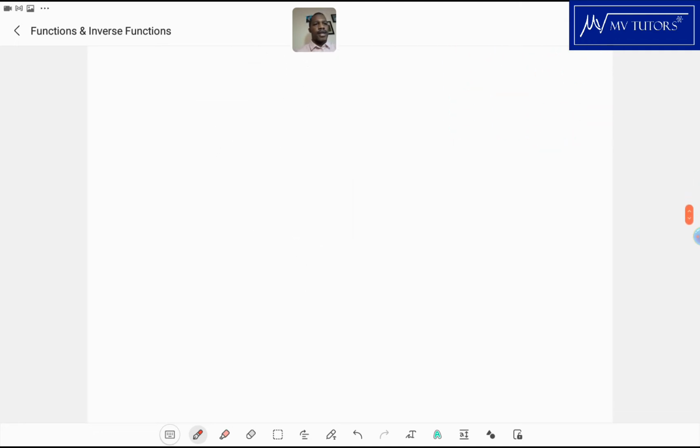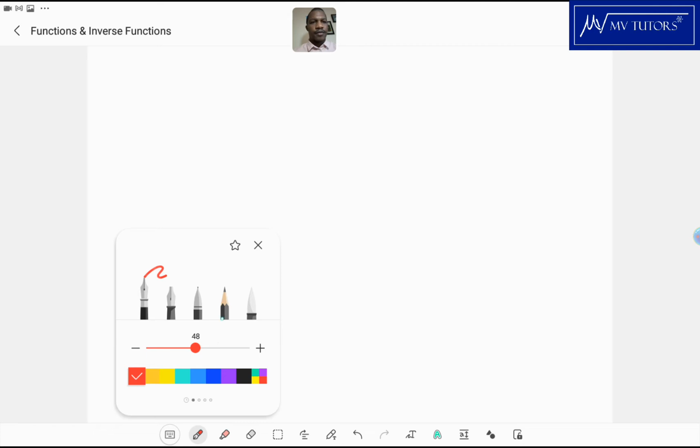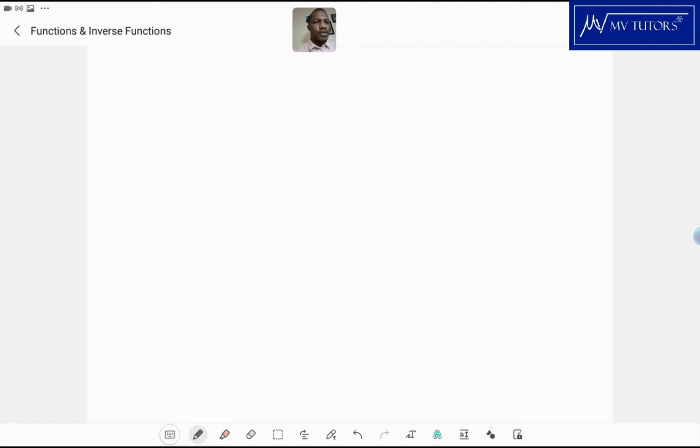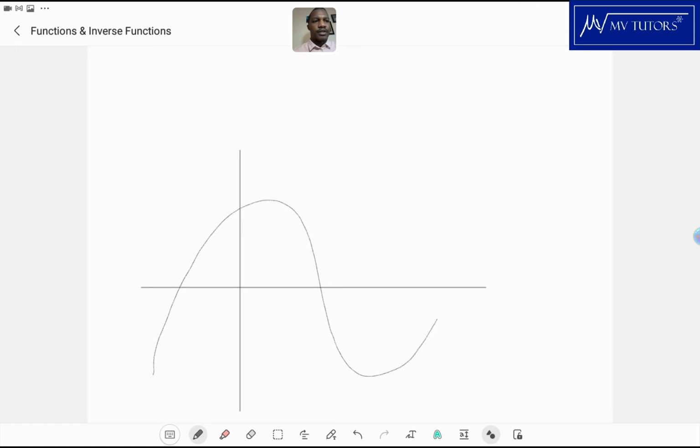And then another function that's fairly common is this one, which we call a cubic function. So you can have a cubic function like this.